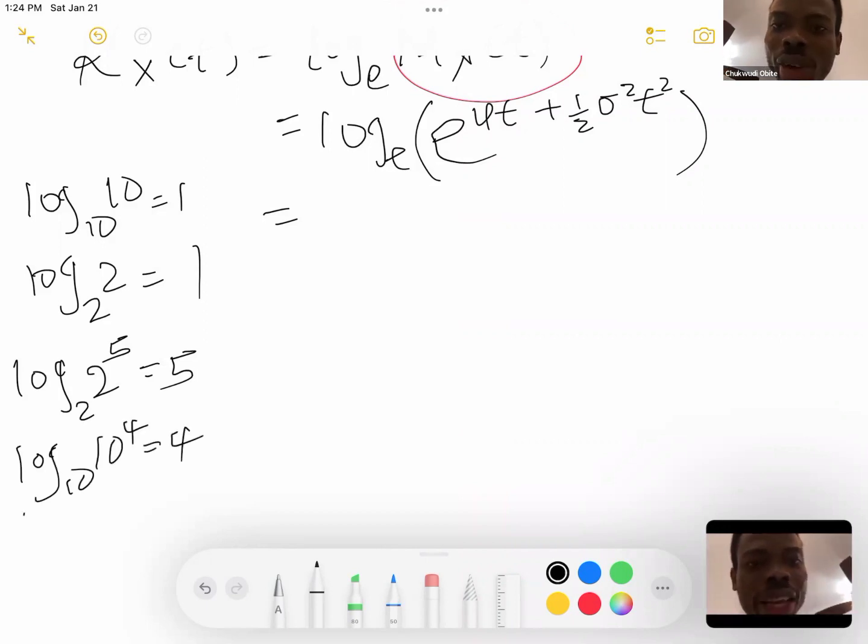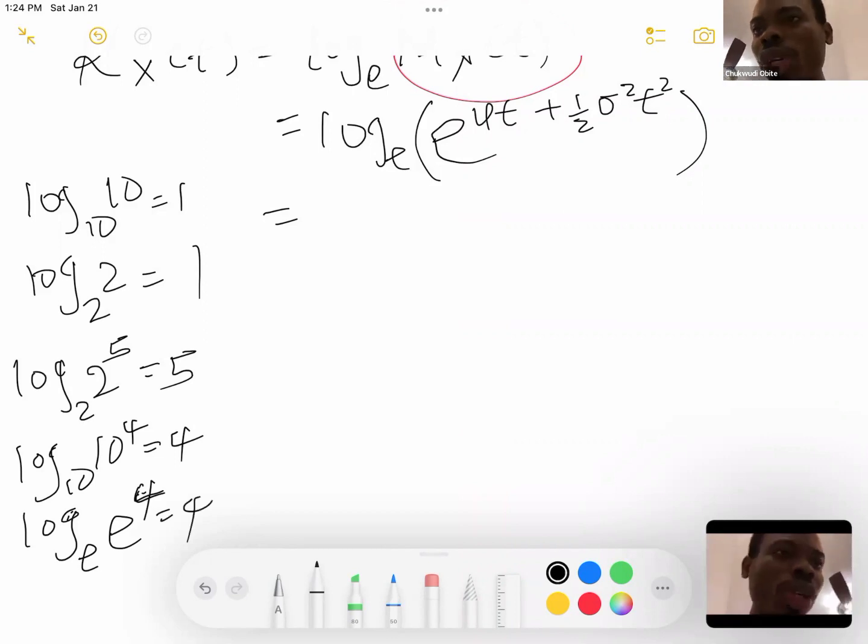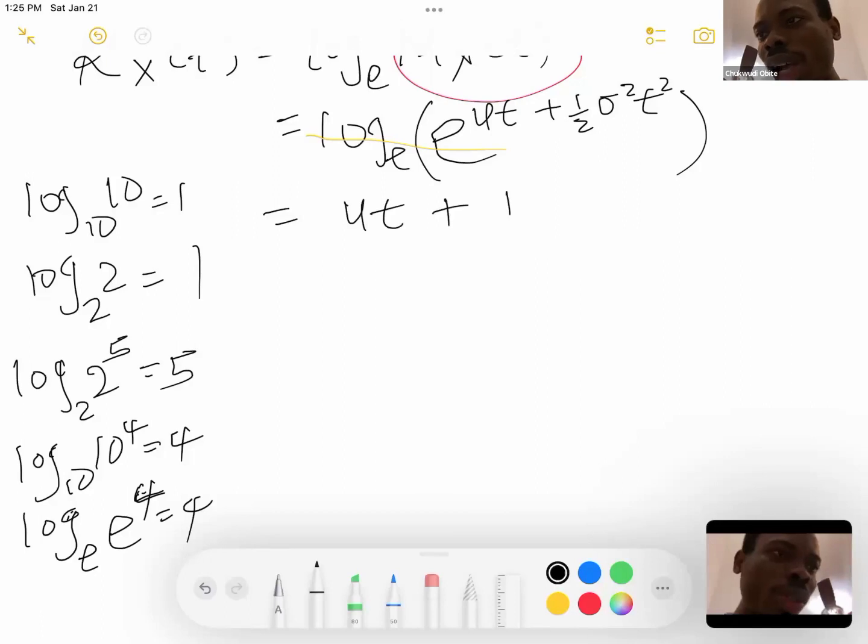Similarly, log e raised to power 4 will be 4. So this log e will cancel out the e. We're left with mu t plus half sigma square t square.